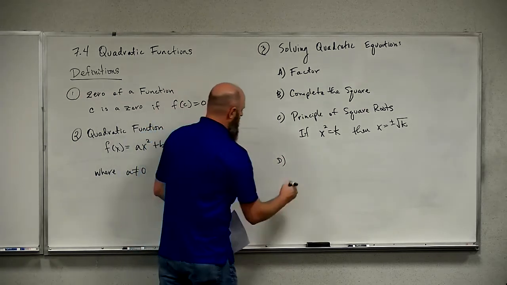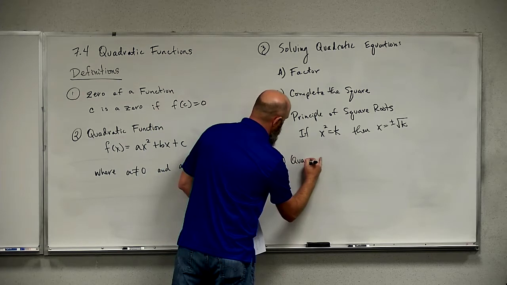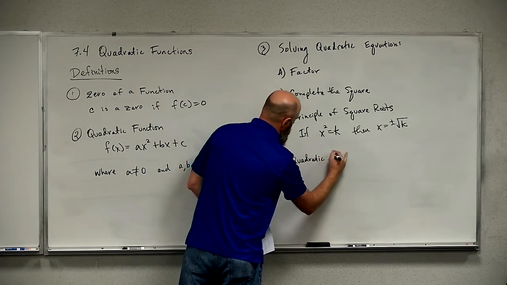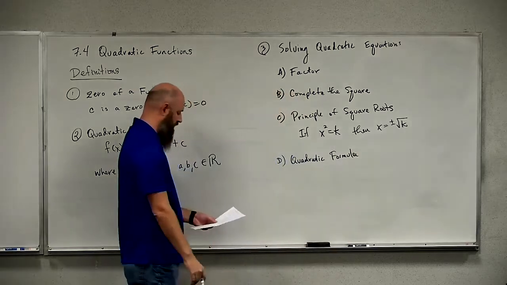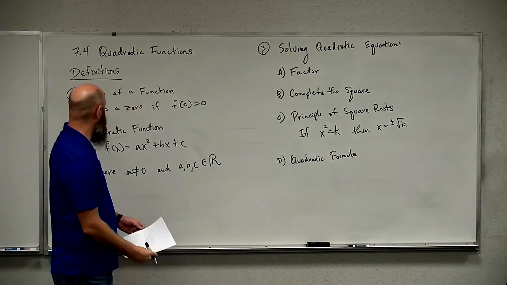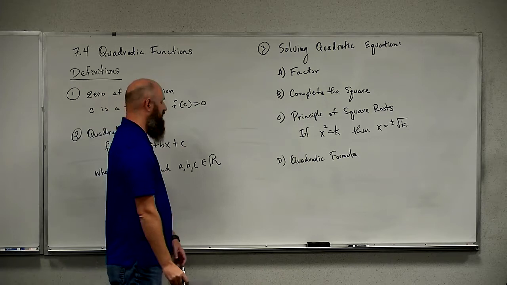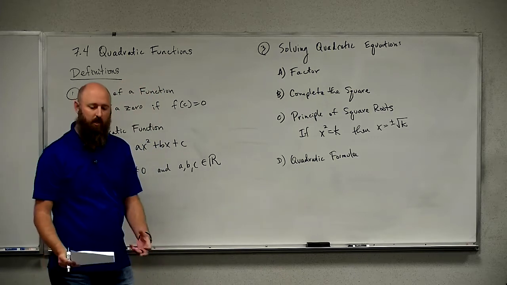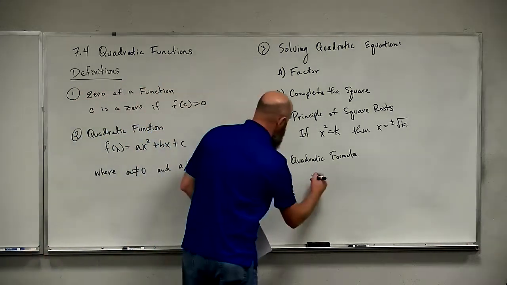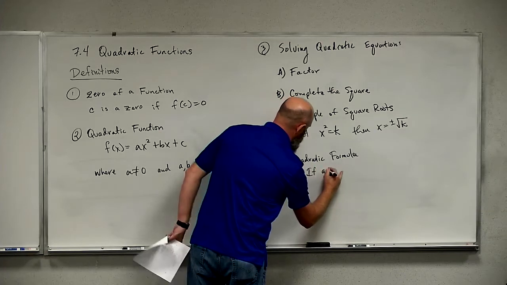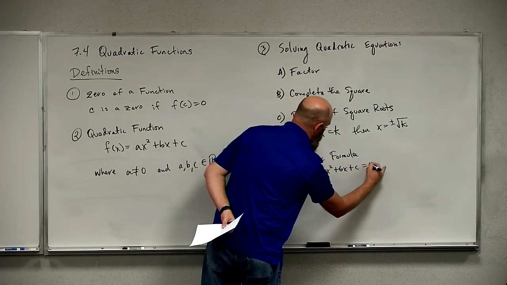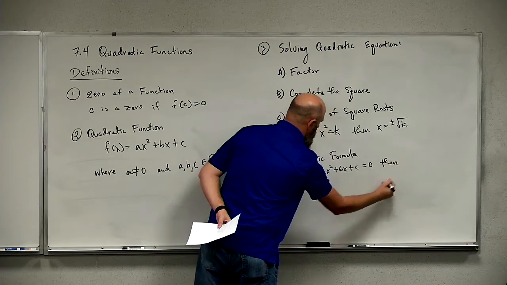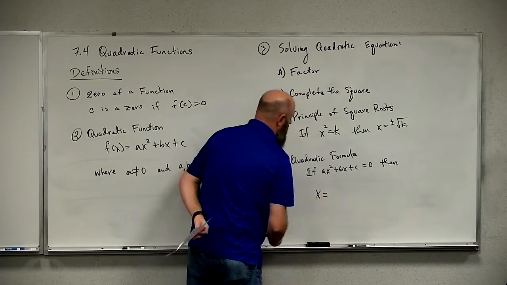And then our last one is called the quadratic formula. This is based on if ax squared plus bx plus c equals 0. So let's just put that in there. If ax squared plus bx plus c equals 0, then x equals the following.